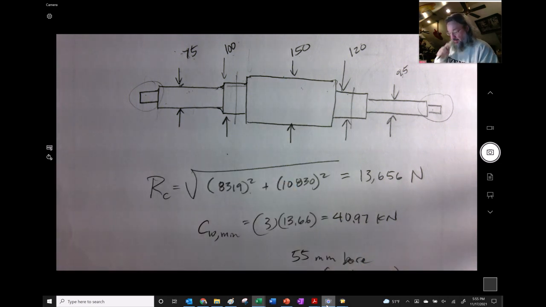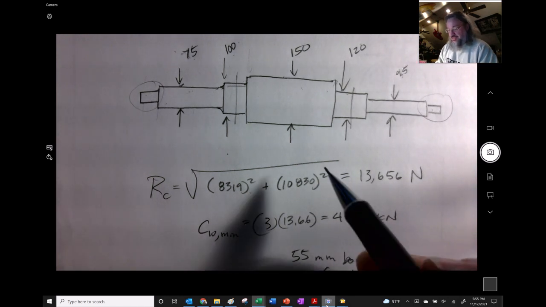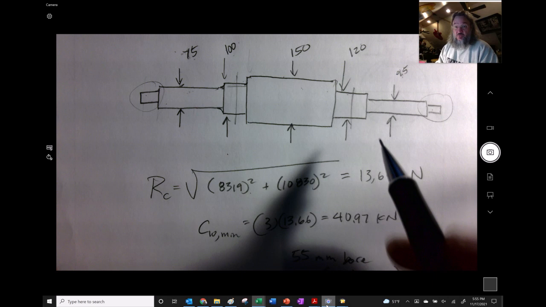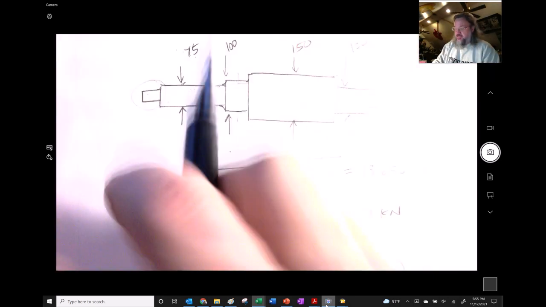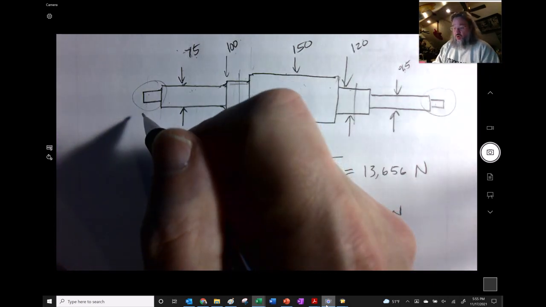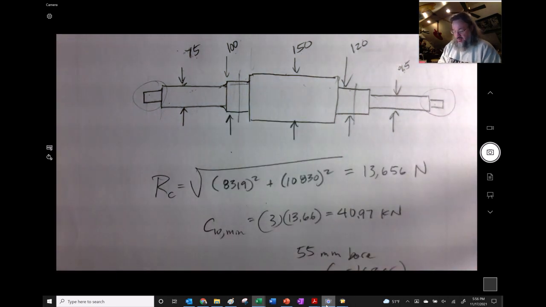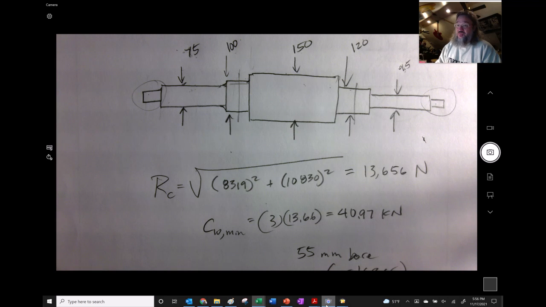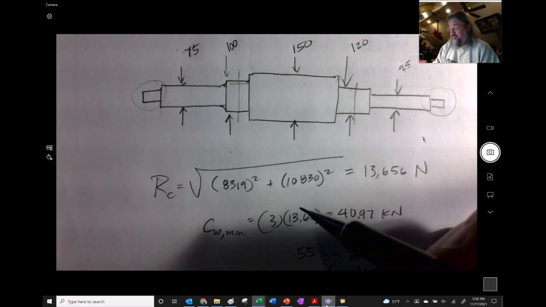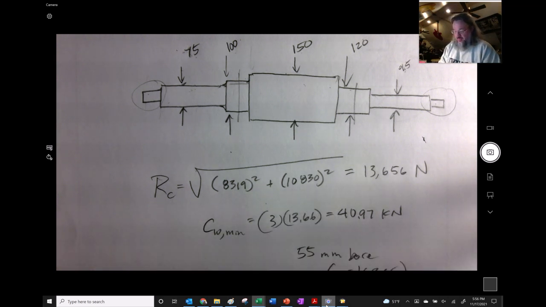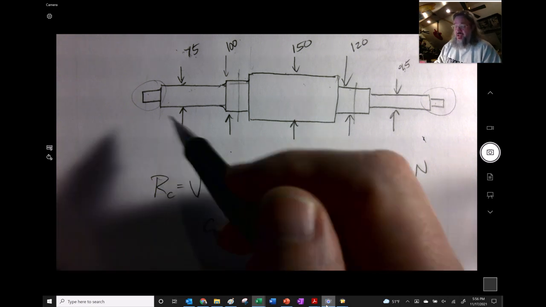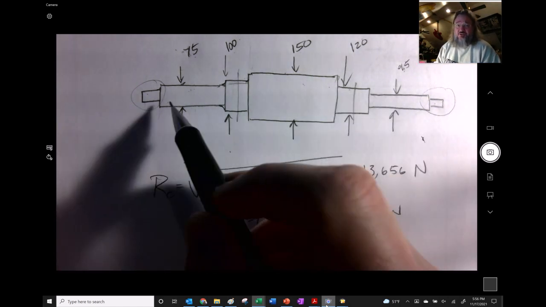But 95 divided by 1.5 is 63. So we almost need to be right there at the 65 or 60. We could go 60. Can we go 75 divided by 60? 1.25. How about 95 divided by 60? 1.58. It's too much. What about 75 divided by 65? 1.15. So we're kind of stuck in this particular situation right here.